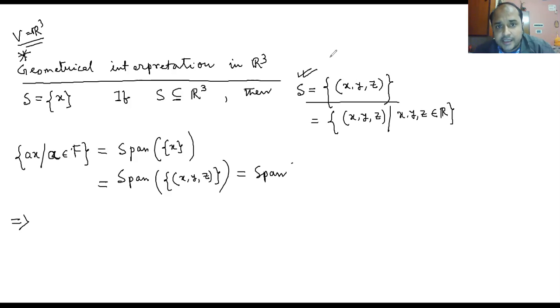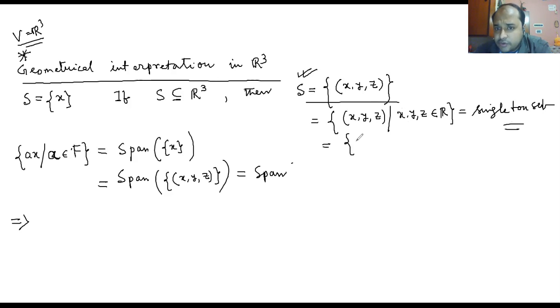I shouldn't write it as X, Y, Z belonging to R. It's a singleton set, remember. I'm not considering all possible points present in S. If I consider all possible points present in S, then S will become exactly equal to R3. So we will get a vector space. So actually I'm considering a singleton set here.